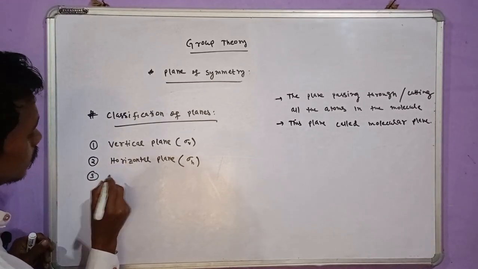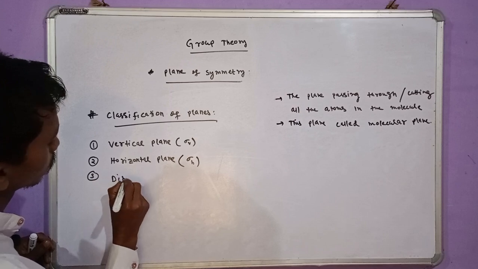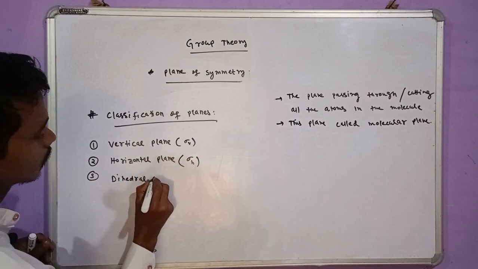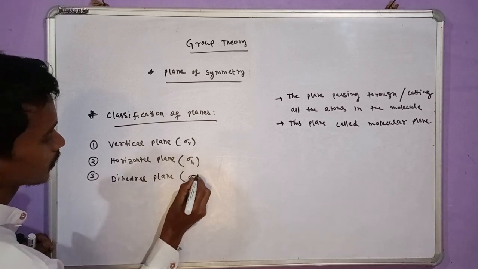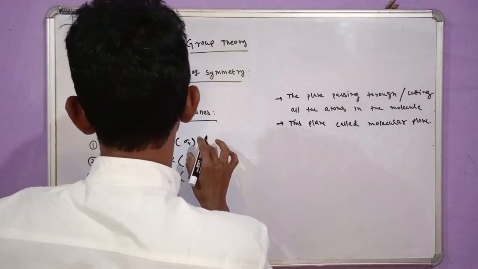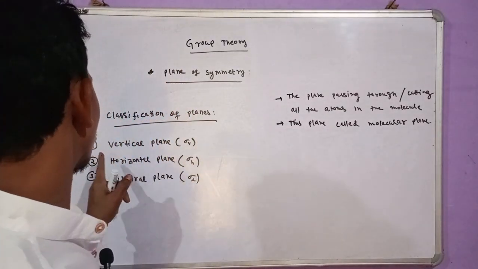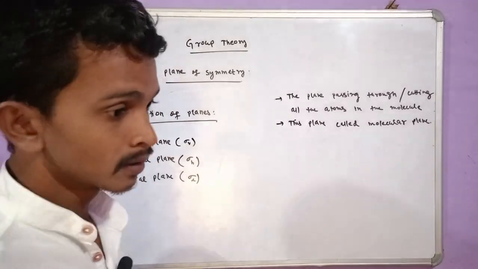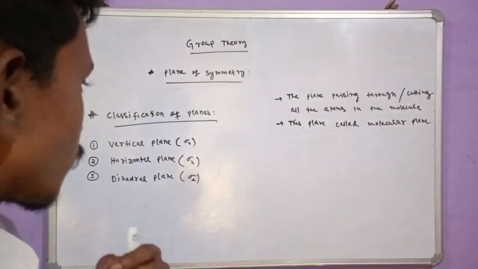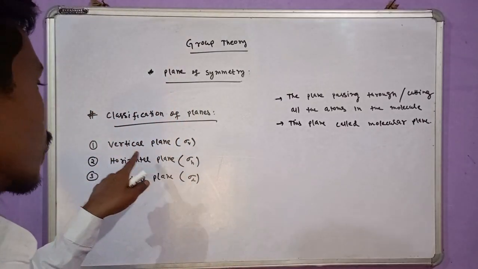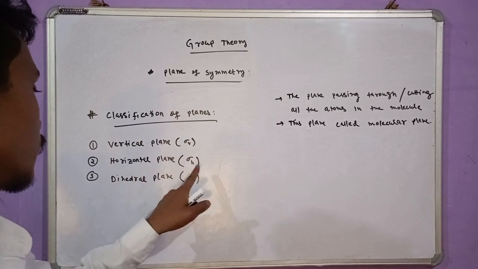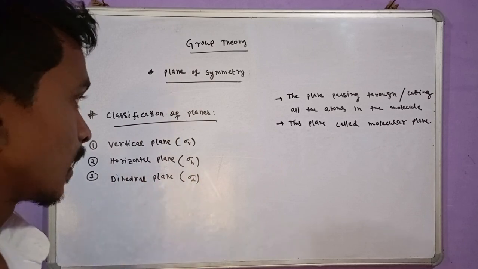Another is the dihedral plane, that is sigma d for dihedral. So three types we will get whenever we are discussing point groups: sigma v, sigma h, sigma d. So one is the vertical plane, another is the horizontal plane, another is the dihedral plane.